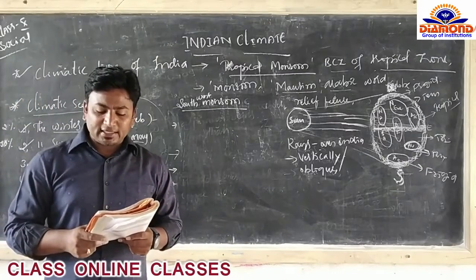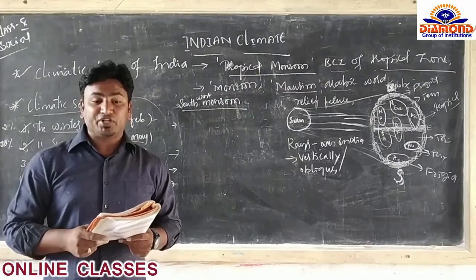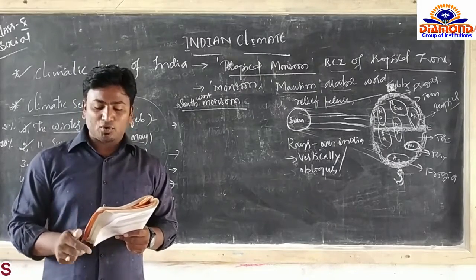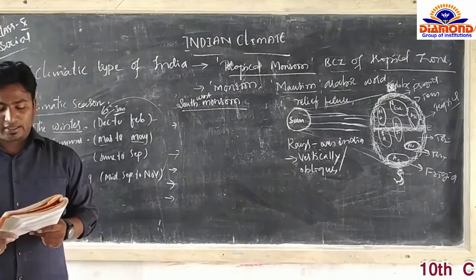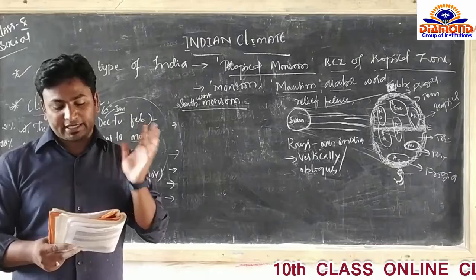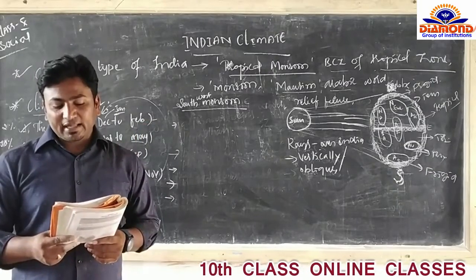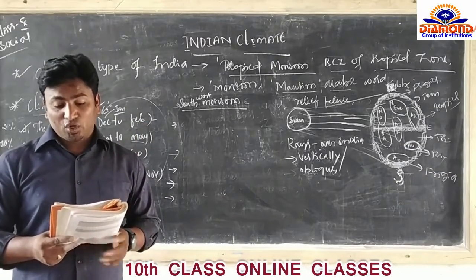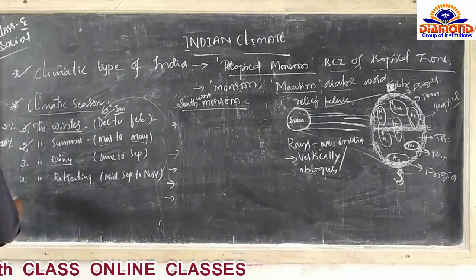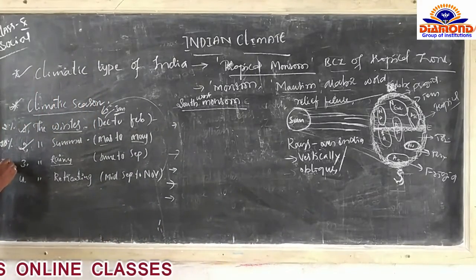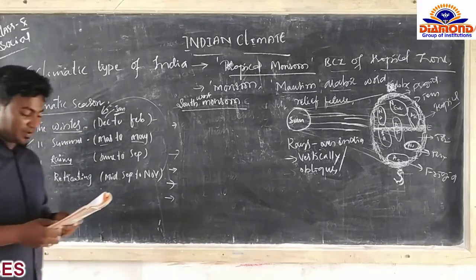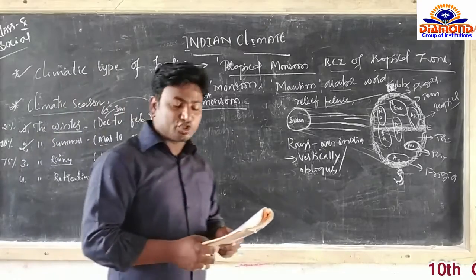On the other hand, there is a high pressure over the Indian Ocean. Hence the moisture-laden winds blow from the southwest towards India. They bring rainfall to different parts of the country. In this season, 75% of the rainfall occurs.